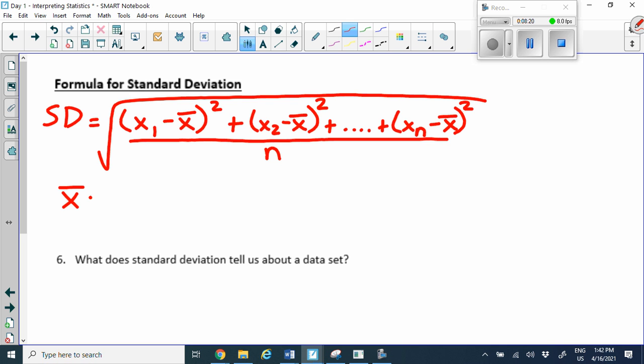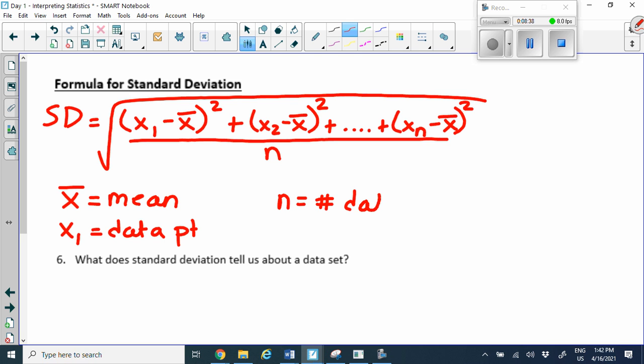So as I said, x bar represents the mean. Your x sub 1, x sub 2 and x sub n represent your data points. And then n represents the number of data points. Okay? So that is the formula that we can use to figure out standard deviation.